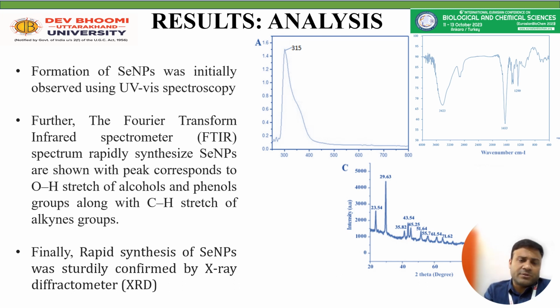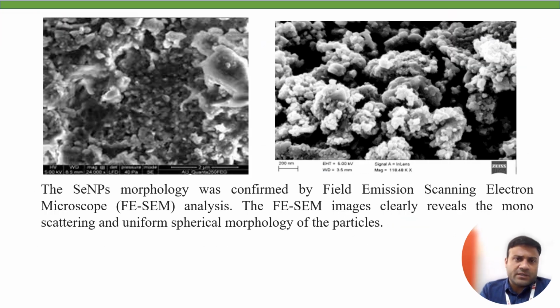However, these functional groups confirm the involvement of different reducing and stabilizing agents in the synthesis of the selenium nanoparticles. Further, the selenium nanoparticle morphology was confirmed by field emission scanning electron microscope. The FE SEM images clearly reveal the monodispersed and uniform spherical morphology of the particles.